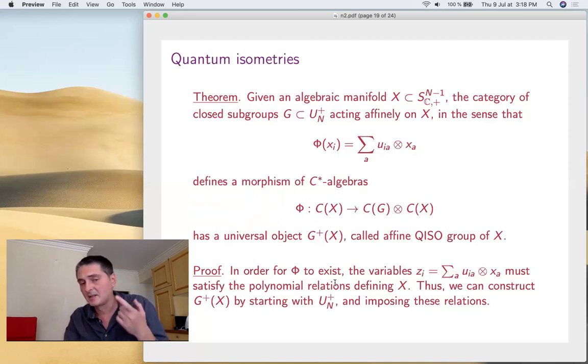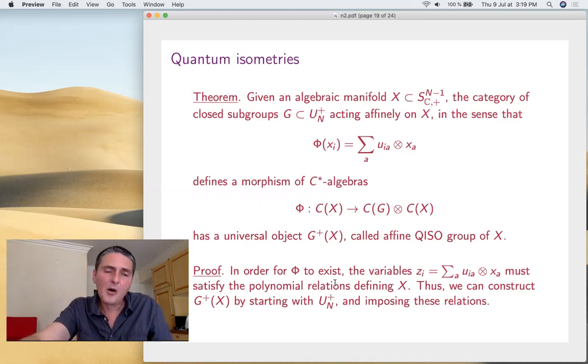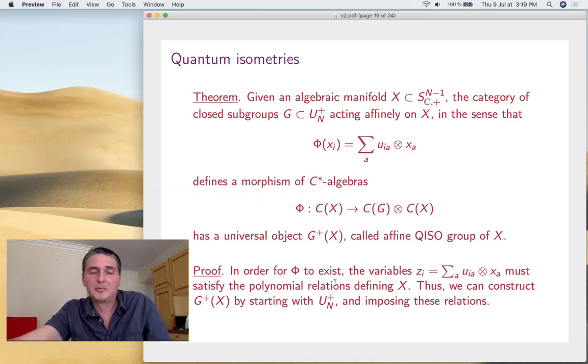This means it comes with certain polynomial relations. So these variables must satisfy the same relations. That's the condition for acting. So you just take Pn plus and you mod out by all the relations coming from the fact that the Zi satisfy these polynomial relations, and you get your G plus of X.